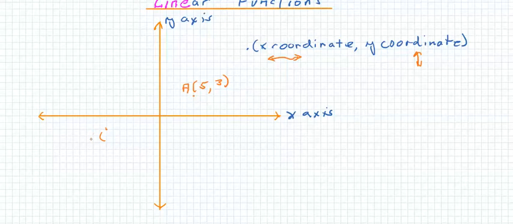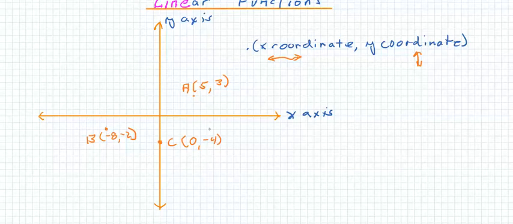This point here, which we'll call B, has an x-coordinate in the negative direction, 1, 2, 3, 4, 5, 6, 7, 8, negative 8, and in the y direction, negative 2. And this point right here, which we'll call C, in the x direction is 0, and in the y direction 1, 2, 3, 4, negative 4.